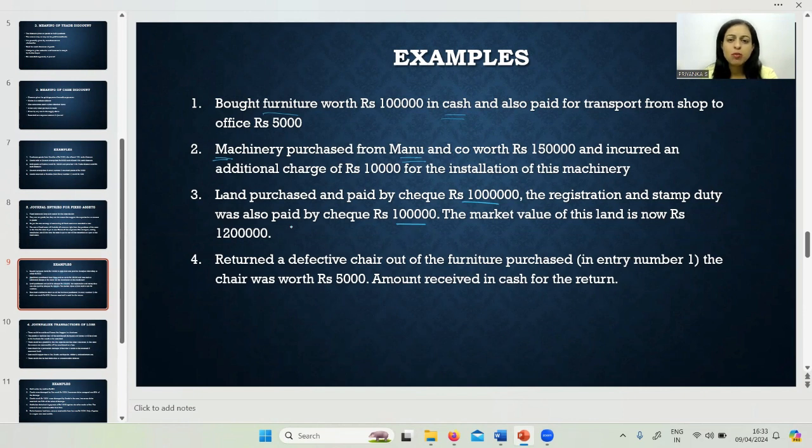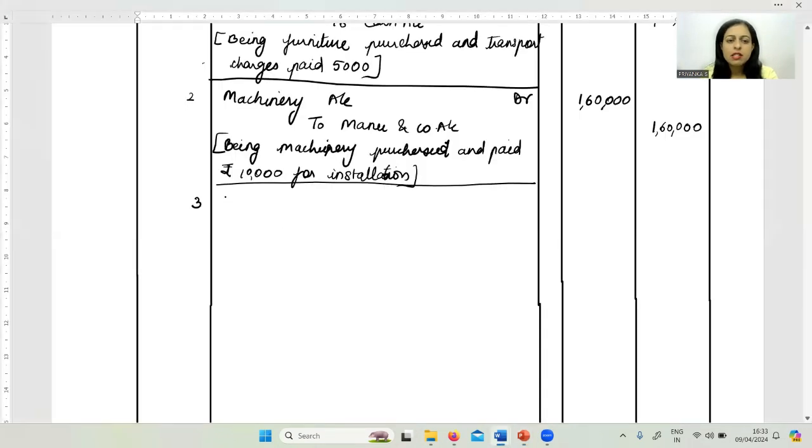registration. So together I'm going to write land, and you are paying by check, so we can write it by bank. Payment is made by bank. Bank is the giver. Giver account is credit. So land being asset is brought into business. Land account debit. Amount is 11 lakhs. 10 lakhs of land and 1 lakh of stamp duty and registration to bank account, because bank is making the payment on our behalf.